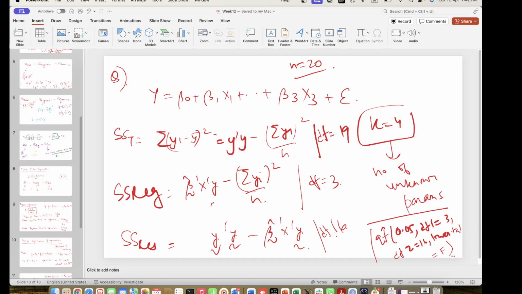If it does, I reject H naught, and if it doesn't, I do not reject H naught. If I don't reject H naught, that means the regression is not significant, because none of the variables are contributing, and the hypothesis that all explanatory variable coefficients are 0 holds, so the regression is not at all significant.